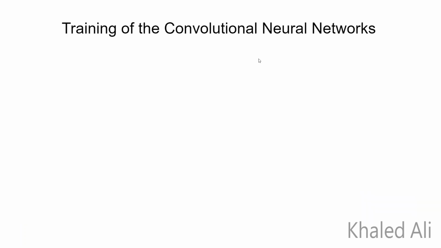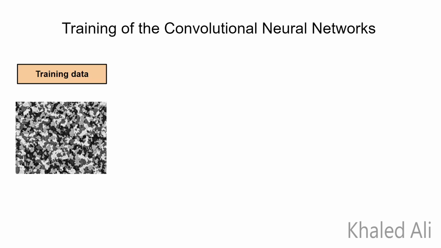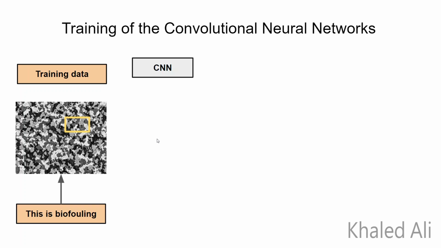After that, we are going to train the convolutional neural network on those images. For example, suppose we have an SEM image of biofouling. We are going to tell the convolutional neural network that this image is for biofouling. So we have an image and its label, which is biofouling.